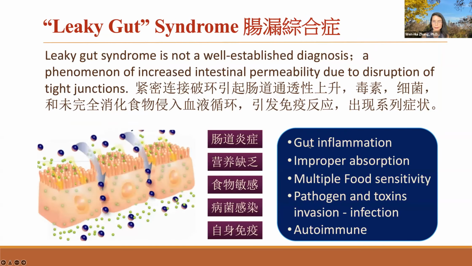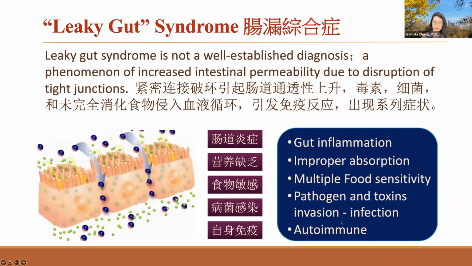So like gut inflammation and impaired absorption and food sensitivity. When people experience multiple food sensitivities, they need to get a clear diagnosis of whether there is a compromised intestinal barrier or tight junction.